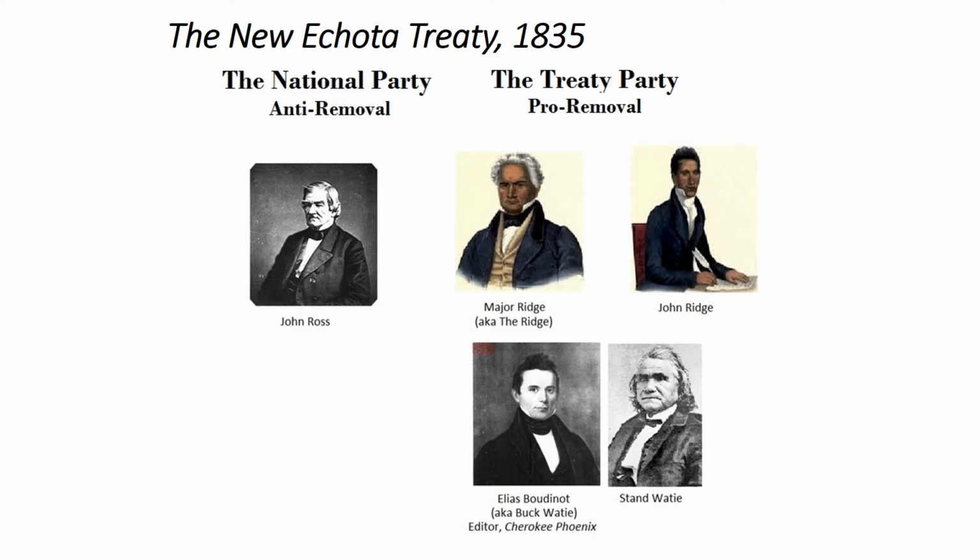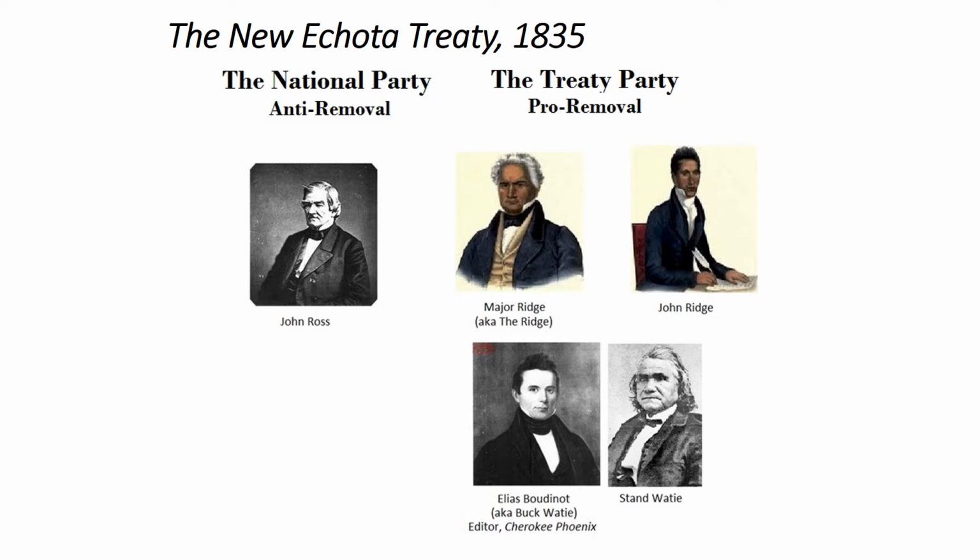Eventually, one of Ross's former allies and a very prominent person in the Cherokee Nation named Major Ridge led the opposition in favor of signing the treaty and taking the other land in Oklahoma. Major Ridge, formerly known as the Ridge, had been a Chickamauga.